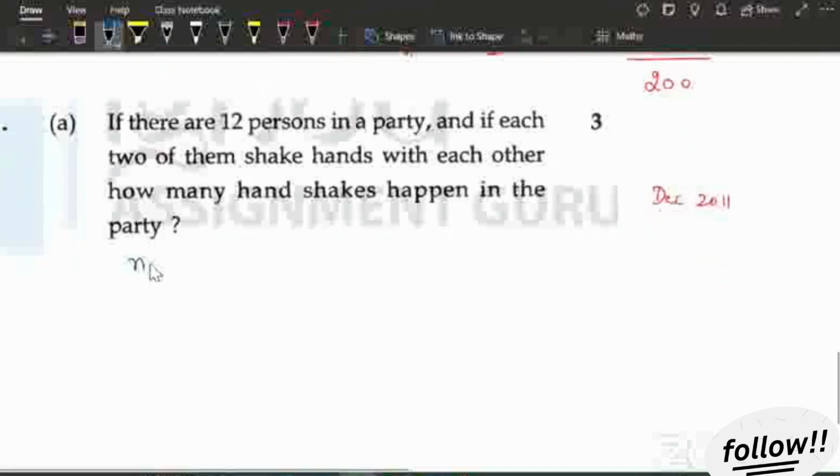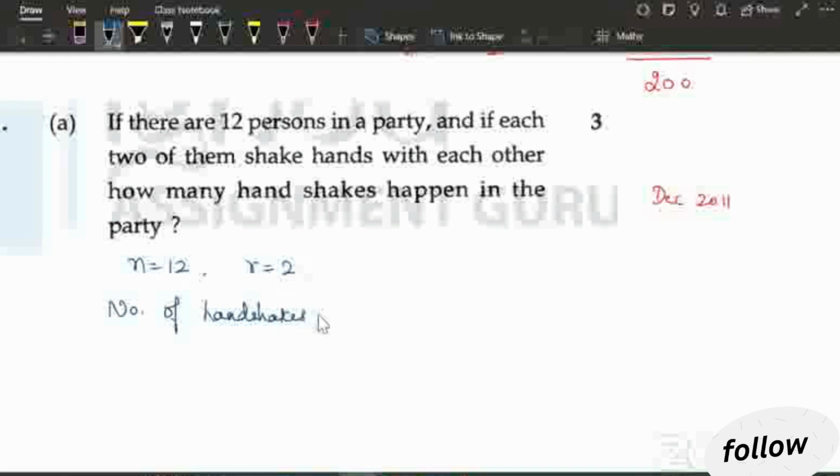So the number of people is 12, and the number of people required for a handshake is 2. This is a standard question. Number of handshakes is 12C2, which is 12 into 11 divided by 2 into 1.